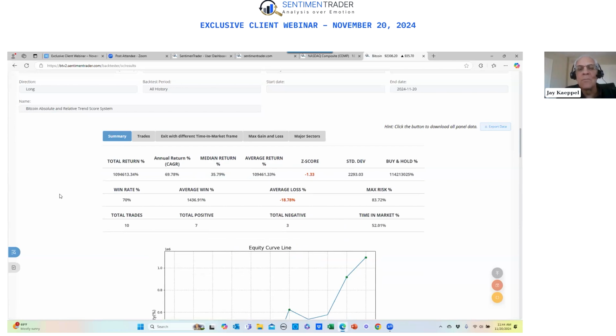And 2 points I wanted to make, systems aside, just trading in general: it's real important to determine position size ahead of time. In other words, how much of your capital are you going to commit to any one trade? My concern with looking at these numbers is somebody says, boy, I'm going to put it all in Bitcoin on this one trade, and don't do that. That's how people go belly up in this business.